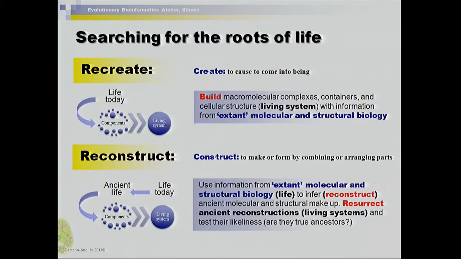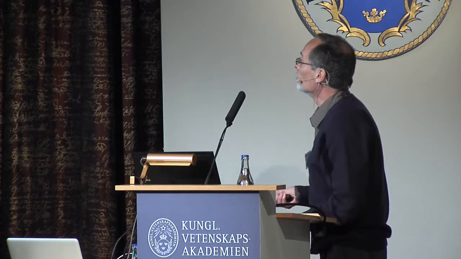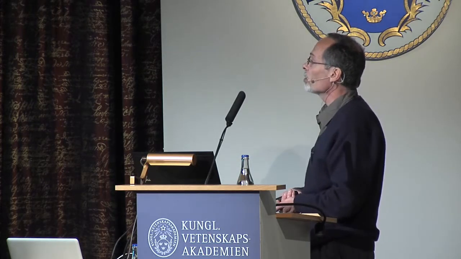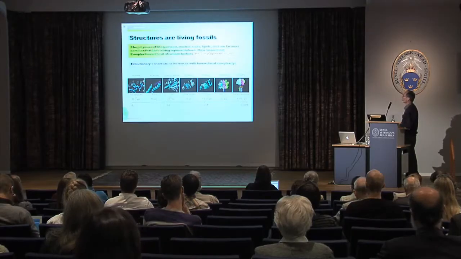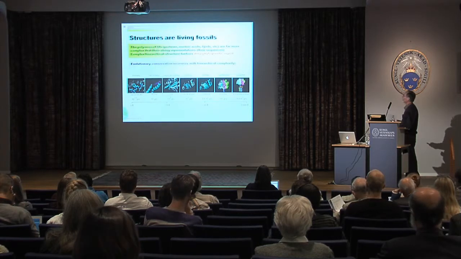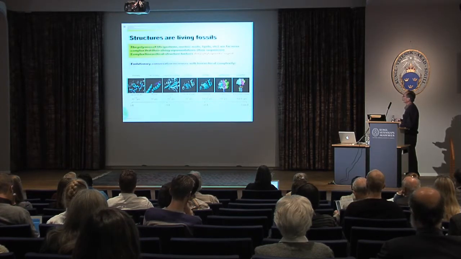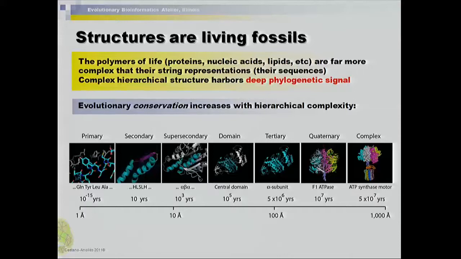So the basic premise of my talk is that structures, molecular structures, are living fossils. These structures correspond to the polymers of life, proteins, nucleic acids, lipids, and many others, but notably these two, which are basically the machinery of the cell. And these are definitely much more complex than their string representations.